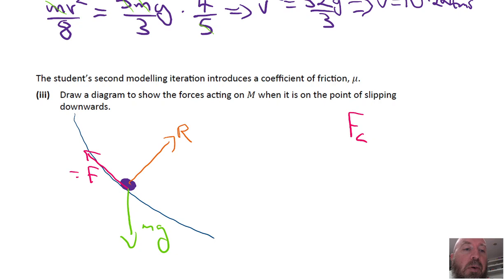Calculate the value of mu. Okay, so it gives us v when it is about to slip. So when the ups are exactly equal to downs, that's when it's just about to slip. So that's v. So we know v equals 7.5.